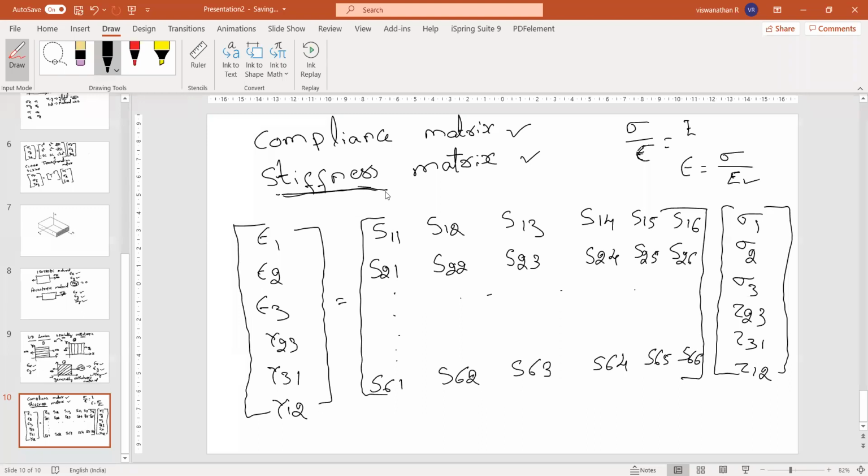So what I mean is the compliance matrix is denoted by the letter S, and the stiffness matrix is denoted by C. This is what is followed in the books, so we will follow the same thing. I know you're confused, but slowly you will adjust. Compliance matrix is denoted by S, stiffness matrix by C.